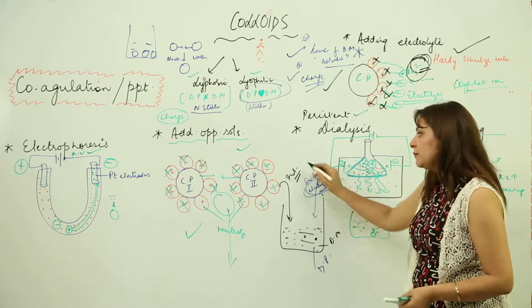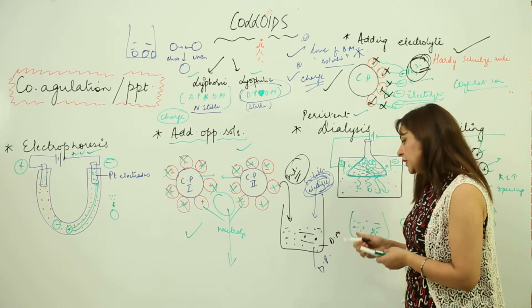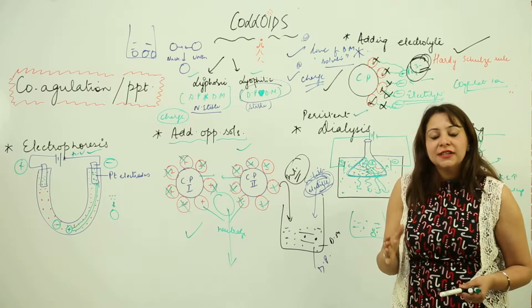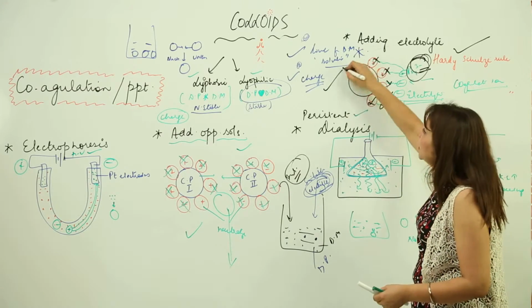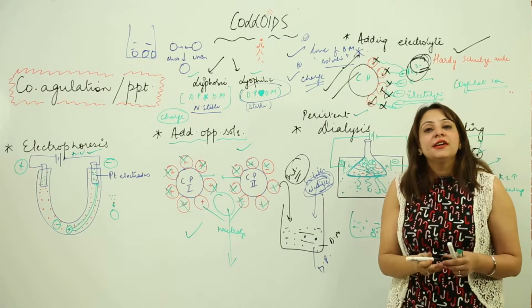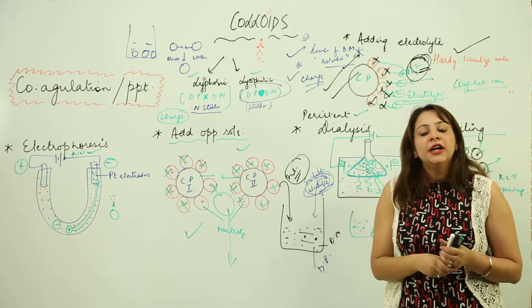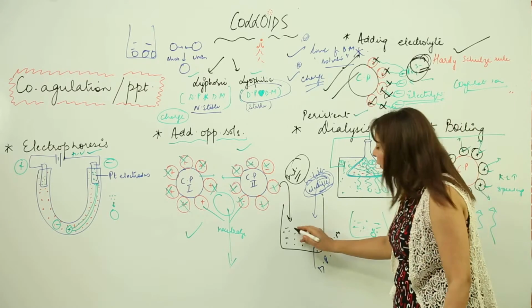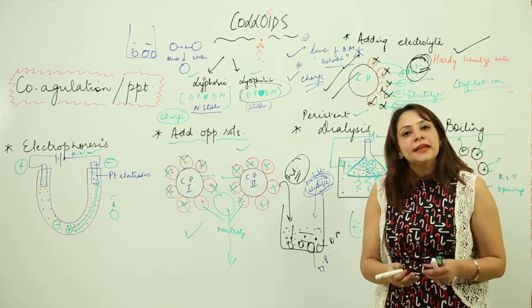Likewise, I am adding some other substance, and that substance is just neutralizing the dispersed particles, making them uncharged. The moment we lose these two factors, the lyophilic particles will approach each other, fuse with each other and form a bigger particle, and at the end we are going to see that they also get coagulated. They also settle at the bottom.